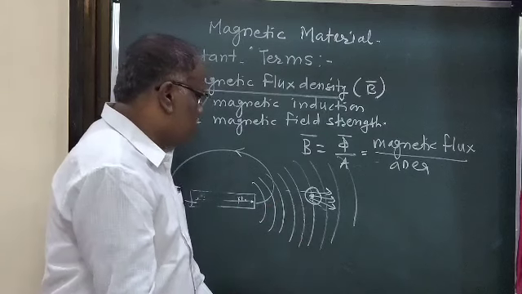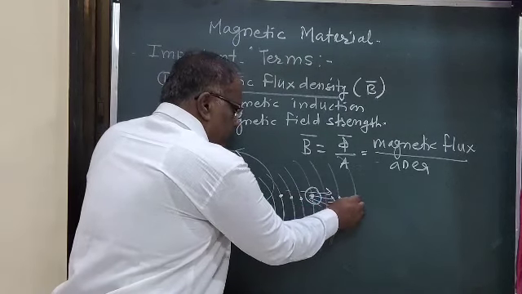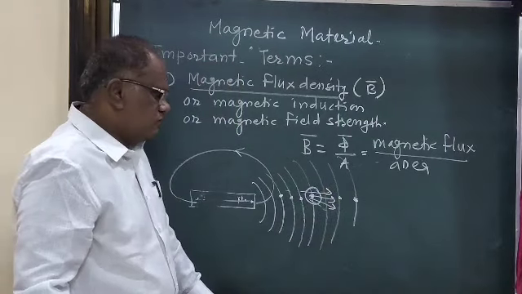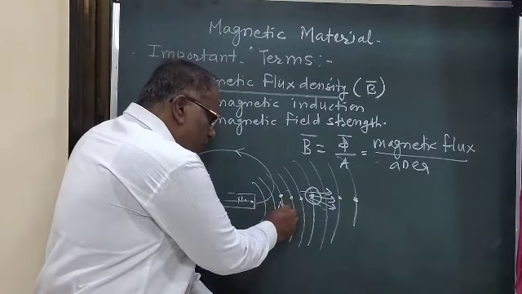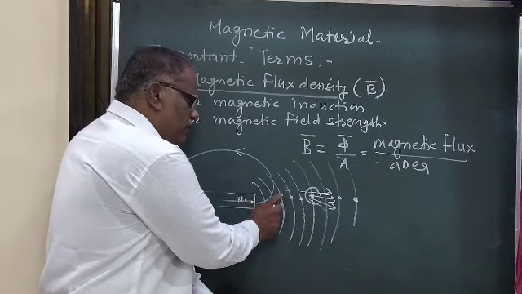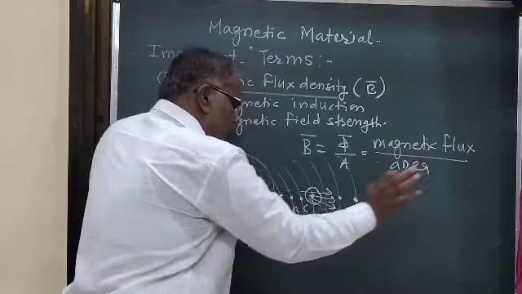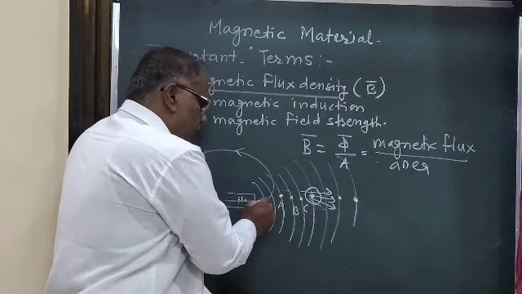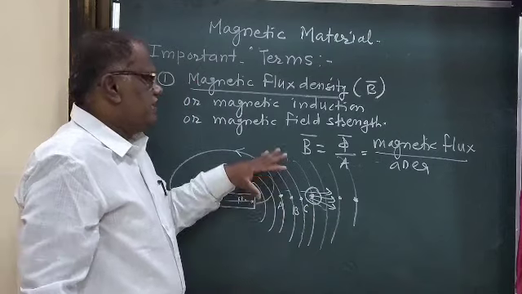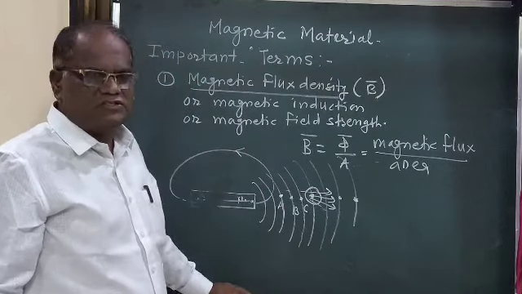And thus what we observe, if we consider different points in the magnetic field, more number of magnetic lines of force cross unit area normally at point A, then the number of lines of force goes on decreasing as we move away from the point. This explains magnetic field strength or magnetic flux density.